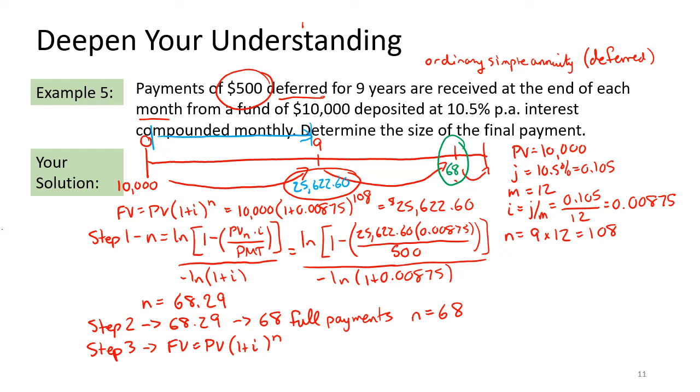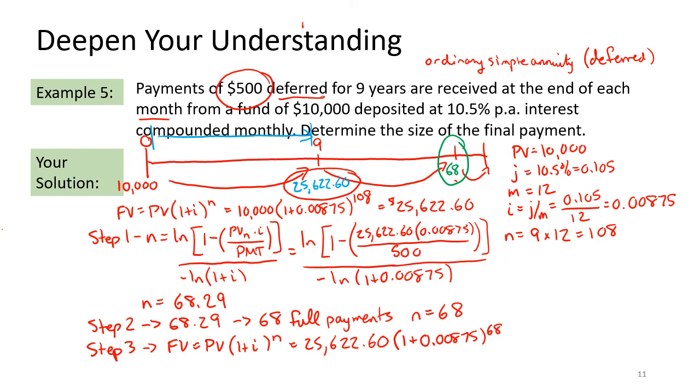So if we substitute what we know, our present value is $25,622.60. Again, this is the present value of our pool of money we have here, multiplied by 1 plus the periodic rate of interest, 0.00875, and that's to the exponent 68. Again, we're moving 68 periods into the future.